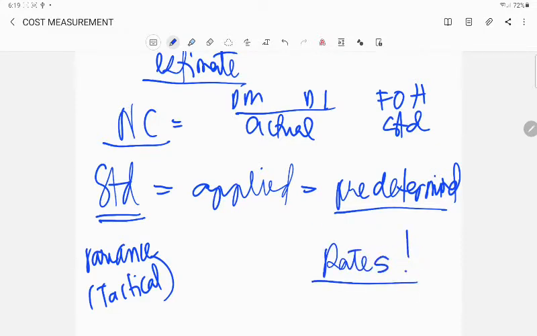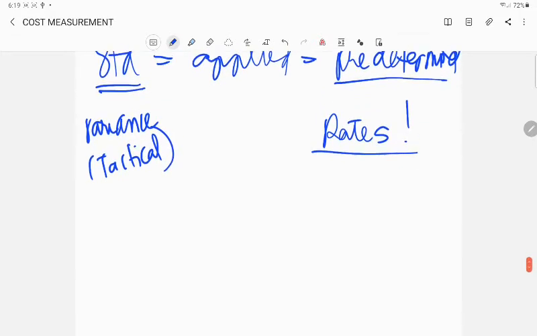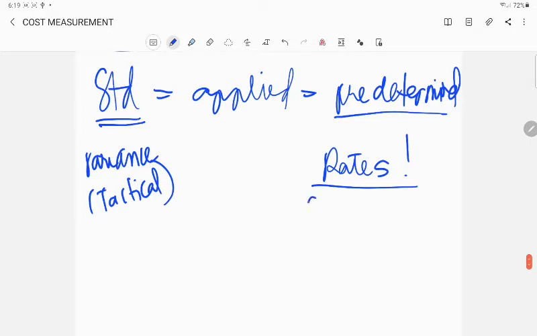Yun yung crucial. And how can I set predetermined rates? Rates would be monetary factor.